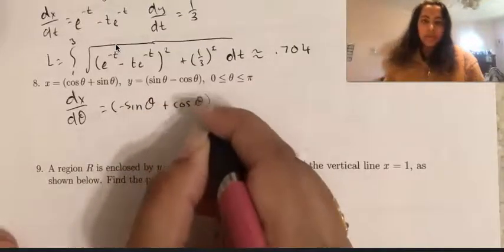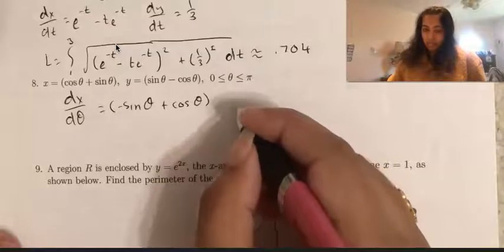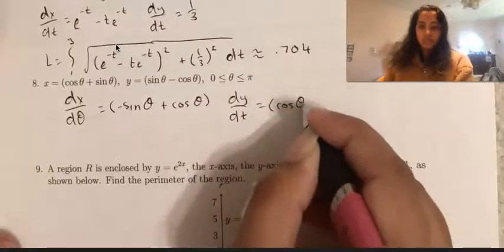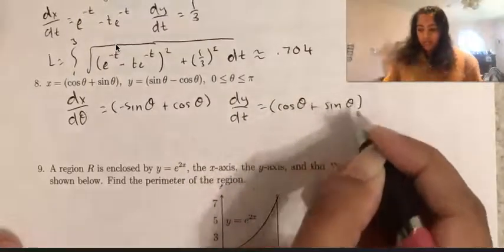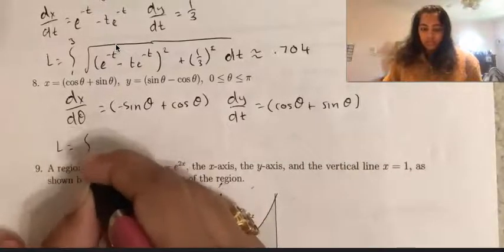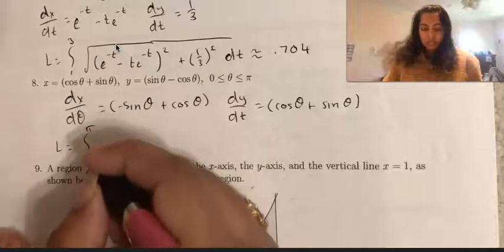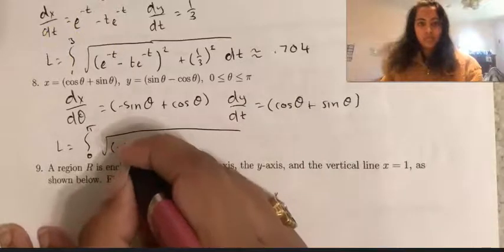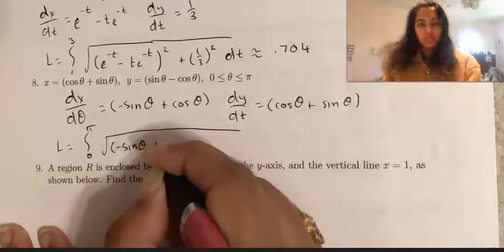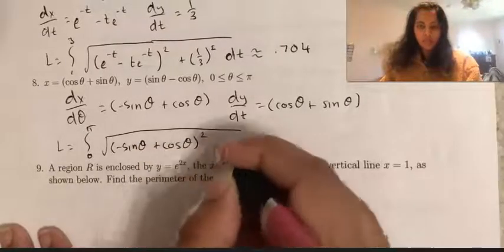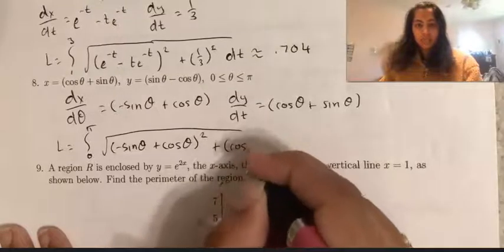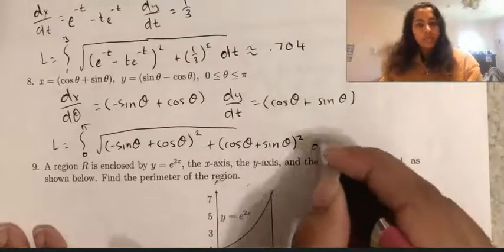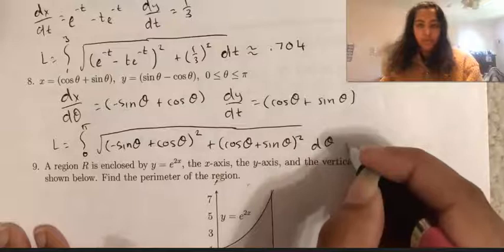But it's basically the same thing because you use the same formula. So you plug it in and you get around 4.443.